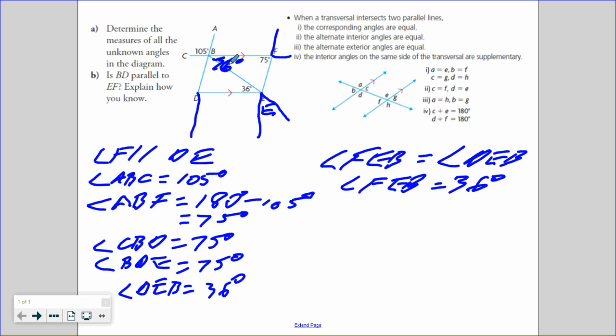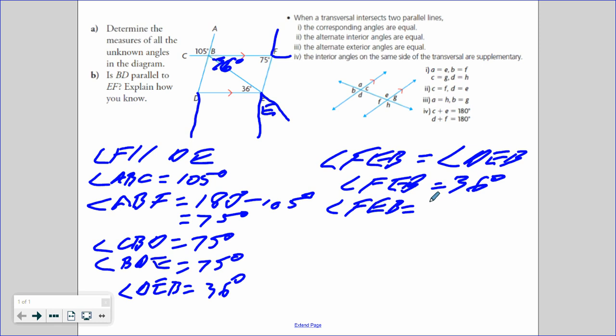So we have 75 plus 36 should give us this when we take it from 180. So because we're dealing with the idea of the sum of the interior angles in a triangle being 180, what we're actually looking for is angle FEB. So angle FEB equals 180 take away 75 and 36.